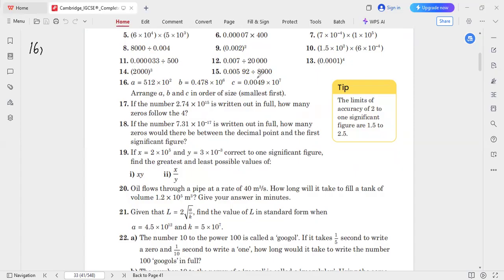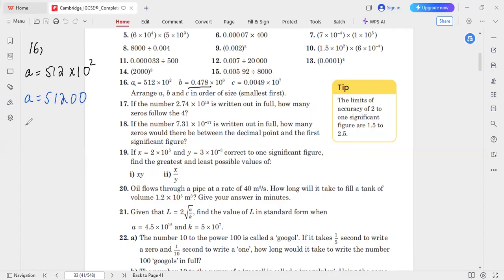One by one, I will convert all of these numbers into full form. A is 512 times 10 raised to the power 2. If I convert this into simple full form, this will be 51200, because 10 power 2 means 100. Times by 100, you can just apply 2 zeros to this.